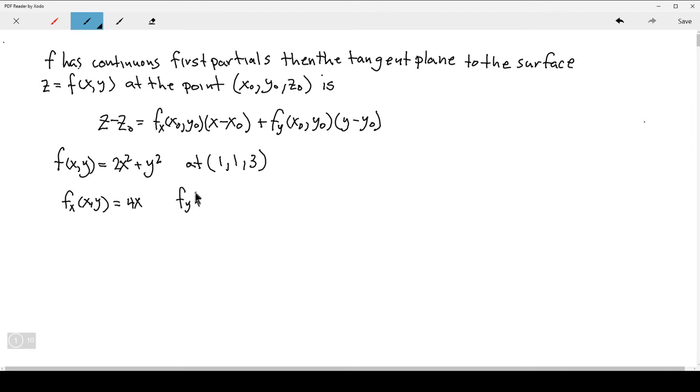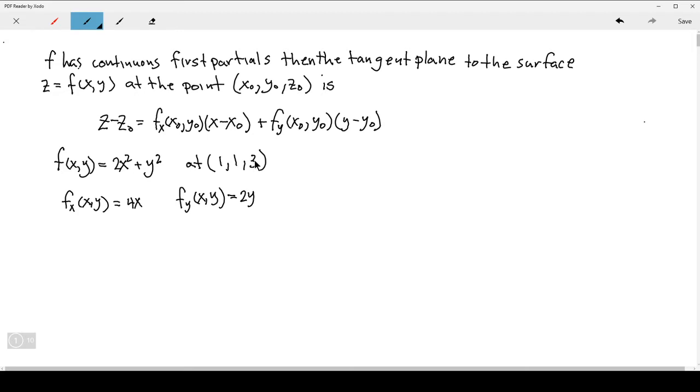fy of x, y: with respect to y now, this term is a constant, so this is what we're taking the derivative of. So 2y. Now we need those evaluated at the point (1, 1, 3). Be careful when you do this: first is x, then is y. That's what we're plugging in.